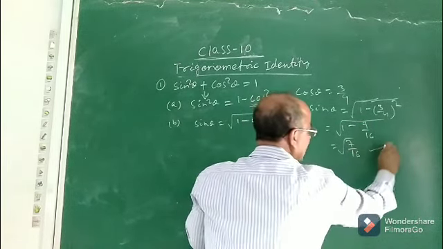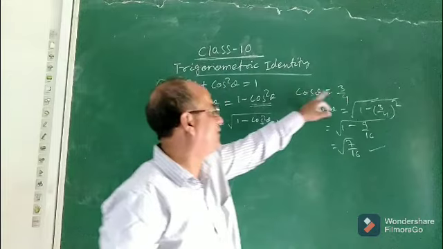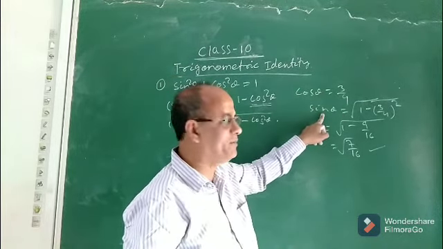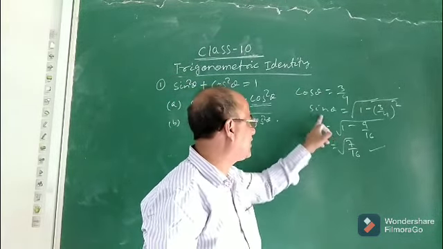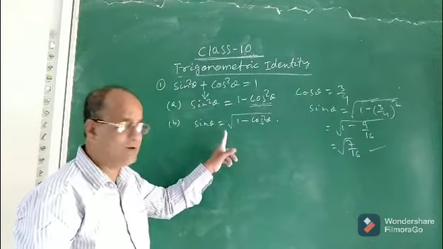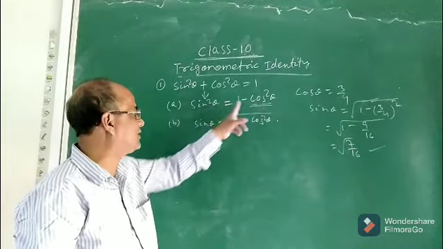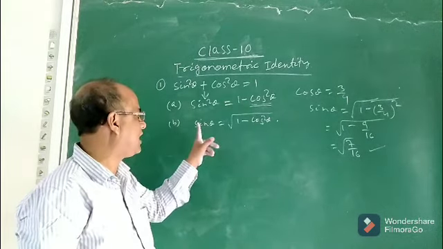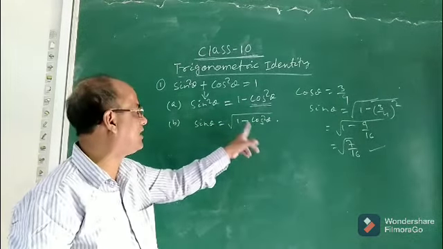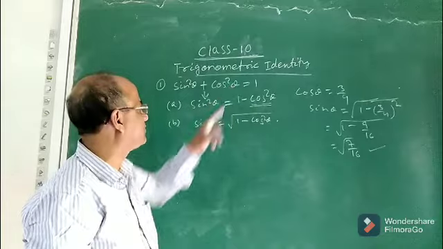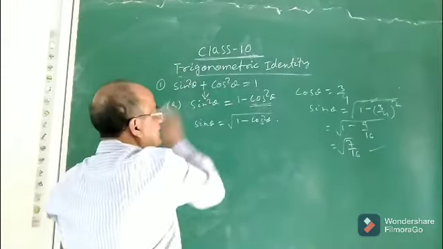This is the answer. When the value of cos theta is given, we can easily find sin theta, provided we remember this formula. So sin square theta is 1 minus cos square theta, and sin theta is the square root of 1 minus cos square theta.